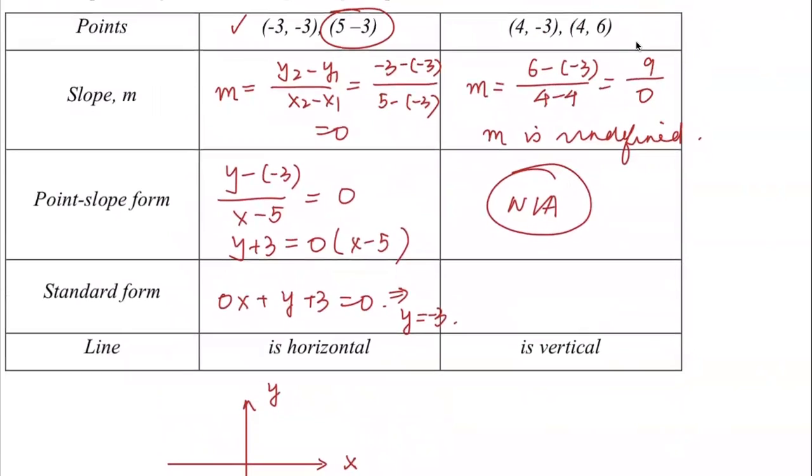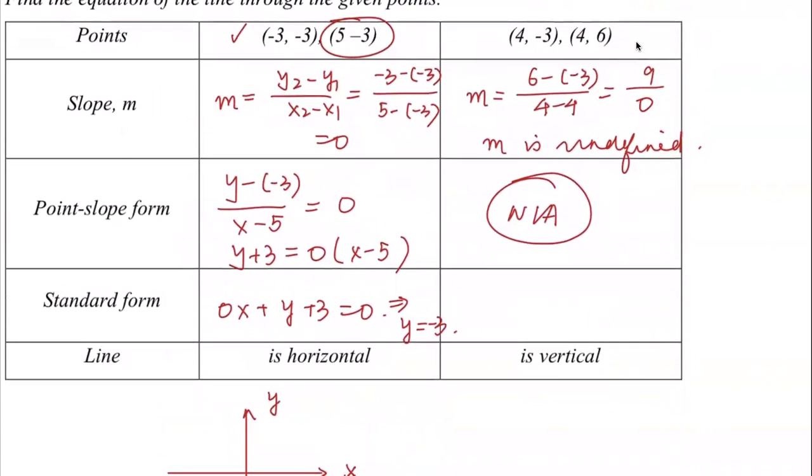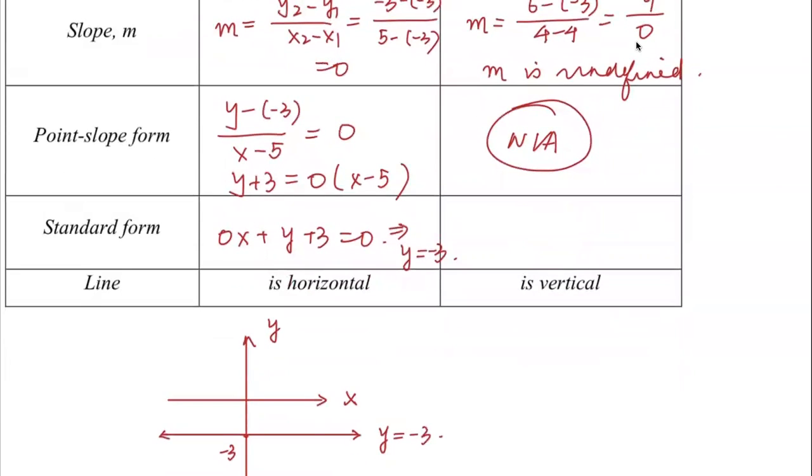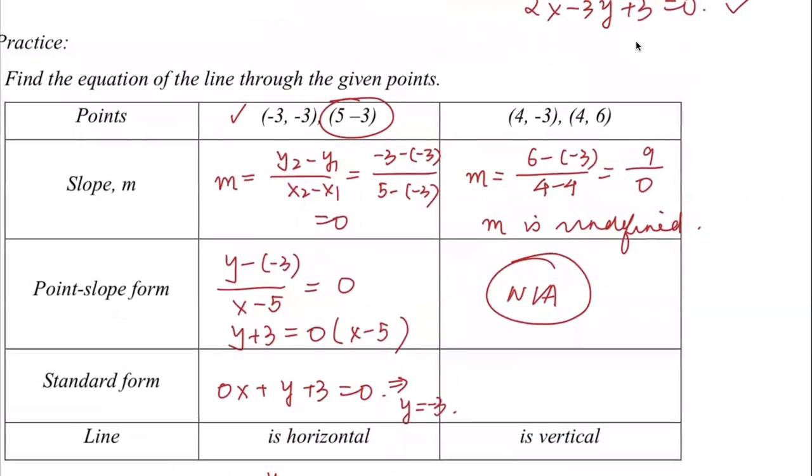So for the standard form, we can see for these 2 points, okay, the x coordinates are the same. Y coordinates are different. Okay, so the line that passes through these 2 points can be written as x is equal to 4.